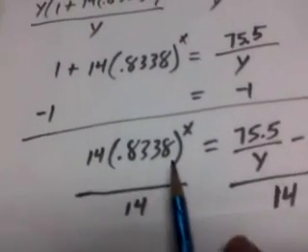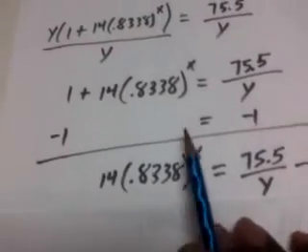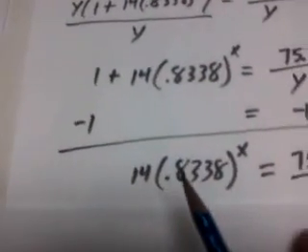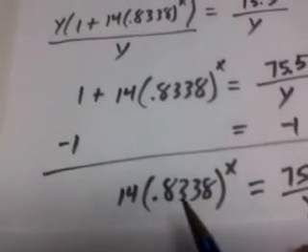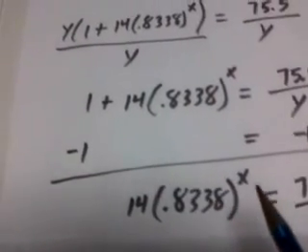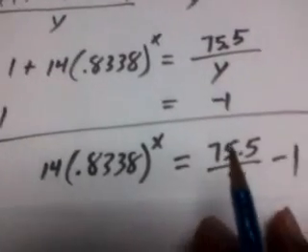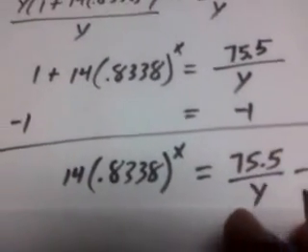And as you can see there, on the left side, the 1's cancel. I get 14 times 0.8338 raised to the x power equals 75.5 over y minus 1.